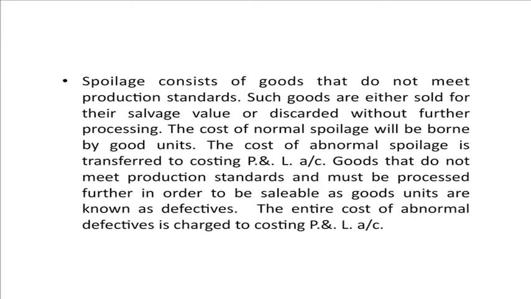Goods that do not meet production standards and must be processed further in order to be saleable as good units are known as defectives. The entire cost of abnormal defectives is charged to the costing P&L. So, here we can understand the difference between spoilage and defective.